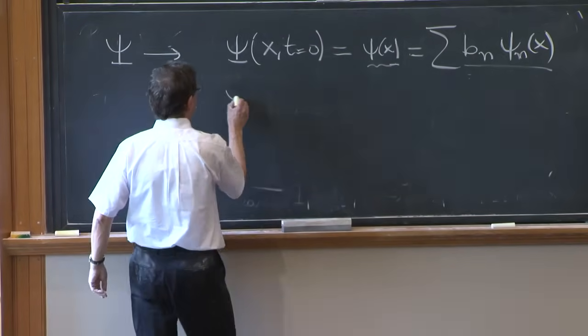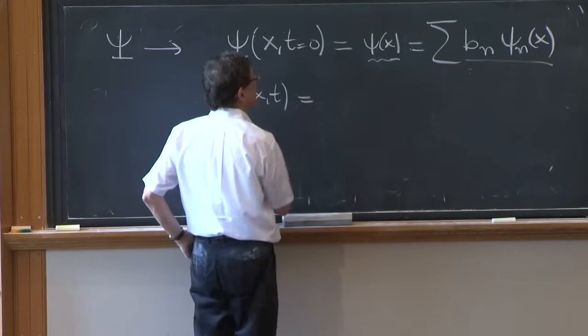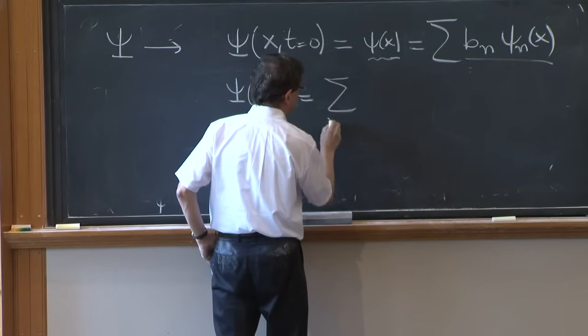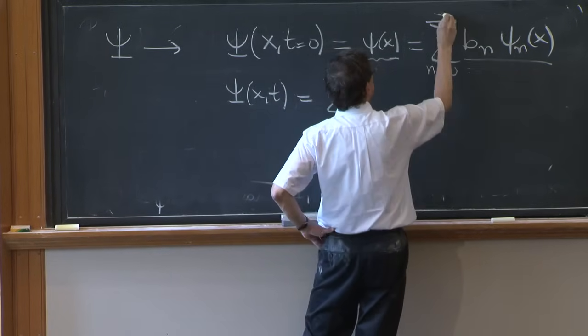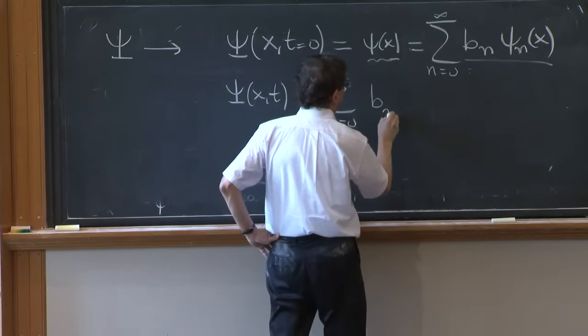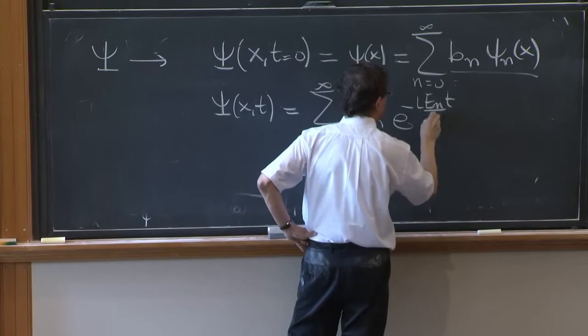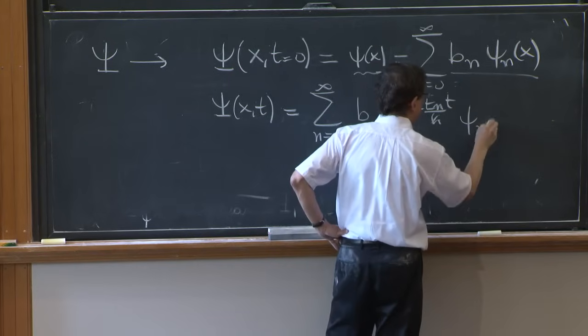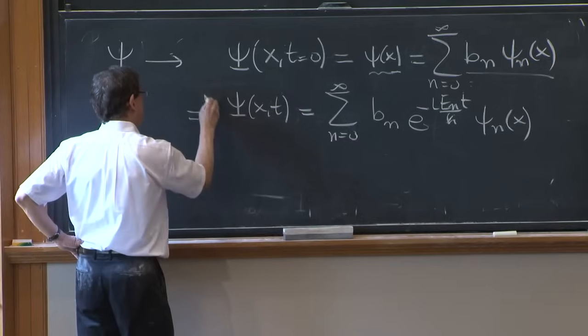Because psi of x at any time is obtained simply by evolving each component, which is Bn e to the minus i En t over h bar psi n of x. So this is the important result.